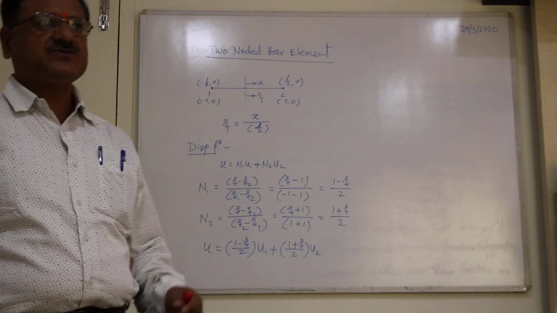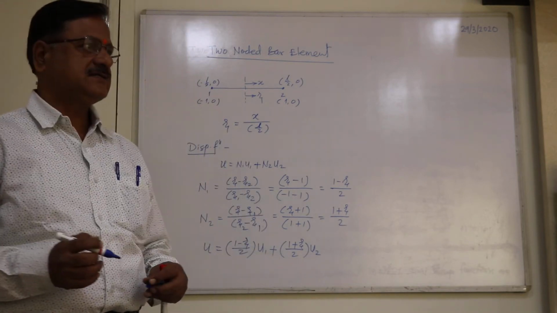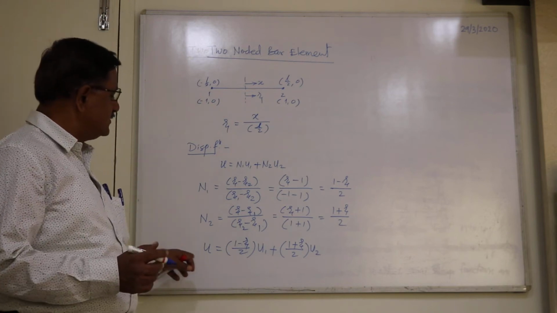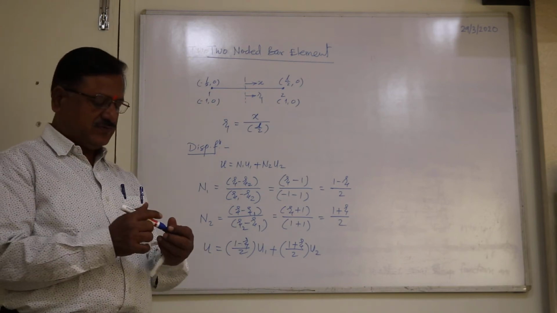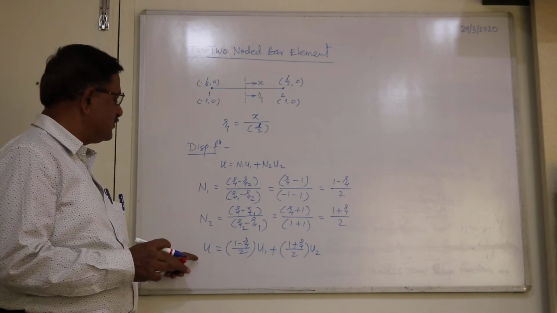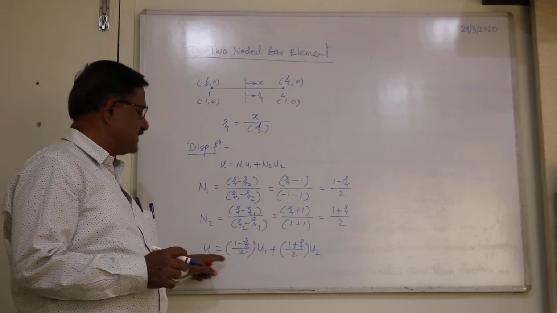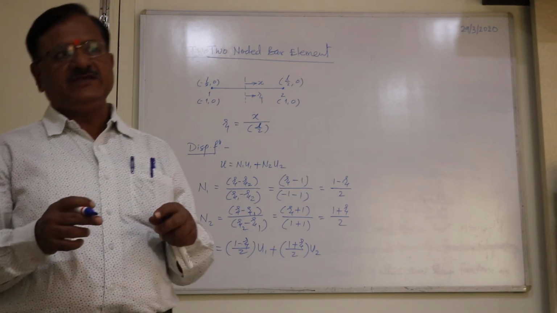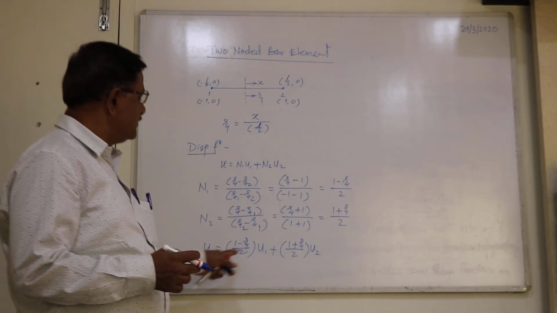Now the next step is to find the strain displacement matrix. In order to calculate the strains we have to find dU by dx, but dU by dx is not possible because the expression for u is in terms of xi.